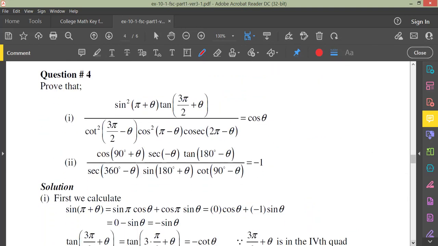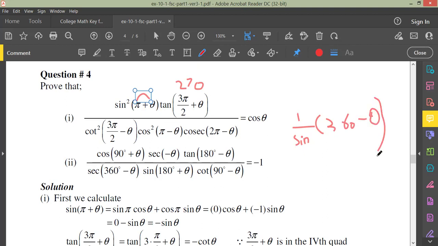Similarly, we can solve question number 4. This is 180 plus theta, this is 270 plus theta, and this is 270 minus theta. This is 180 minus theta. You can write this as 1 over sine, and 360 minus theta.